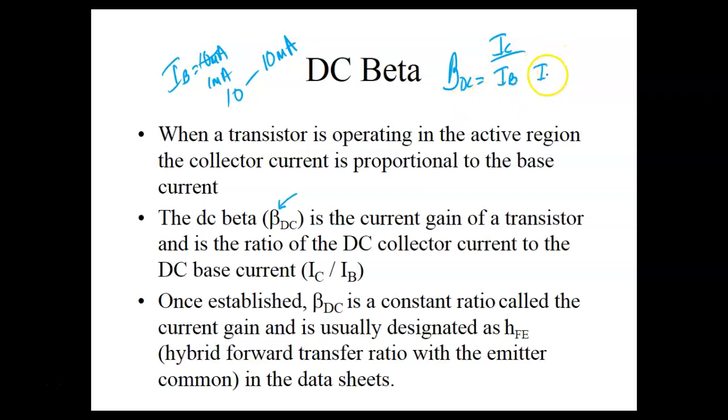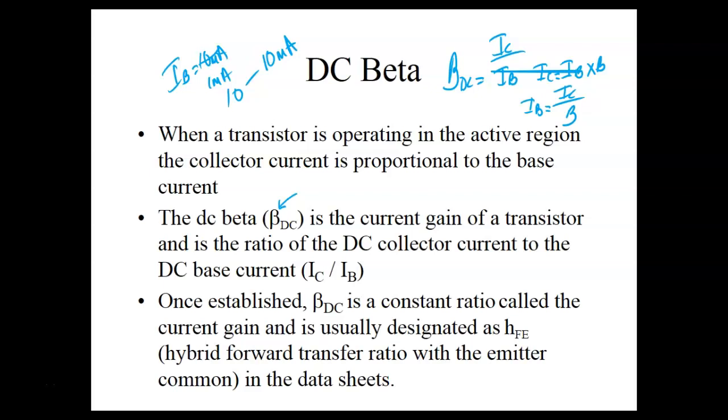If I transpose the equation, IC would be equal to IB times beta, and then IB would be equal to IC divided by beta. And beta is a number. It doesn't have a unit. It's either a multiplier or a divider, so you can calculate these other things.